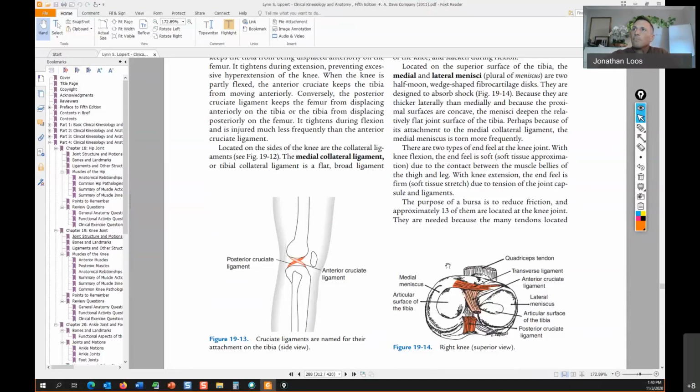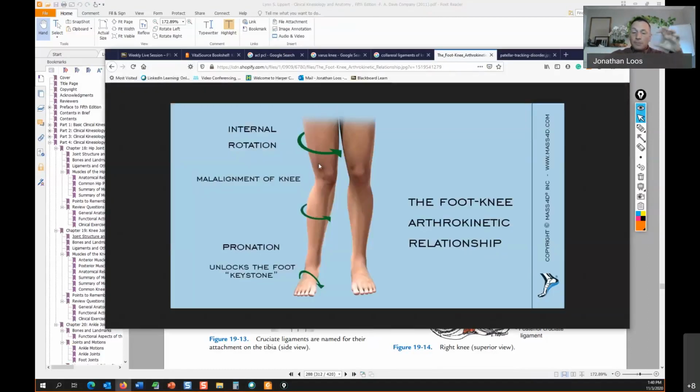If you have this posting type injury, when you have this type of collapse, especially when it's loaded or you have some kind of external force coming into that, this type of injury usually results in an ACL, MCL, and medial meniscus tear.